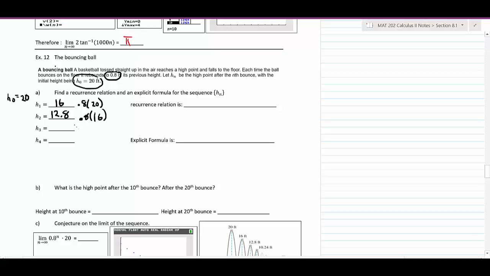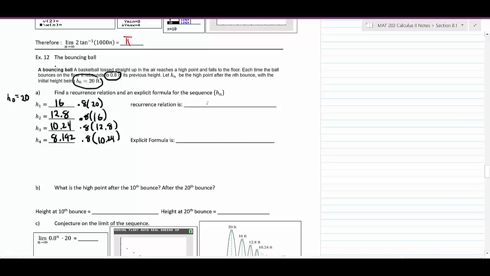That's 12.8. Then if you did 80% of 12.8, that's going to give 10.24, and then 0.8 of 10.24 is 8.192. So obviously it's heading towards 0. It's going to take a lot of bounces to get there, but eventually you would end up getting there. The mathematics wouldn't imply that, but you're eventually going to come to rest.